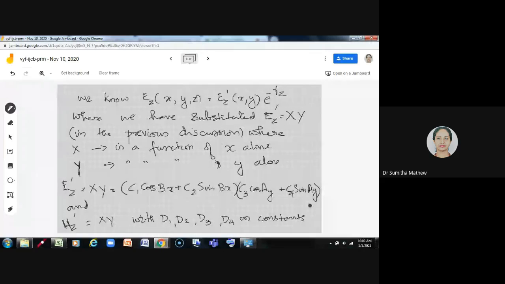C1, C2, C3, C4 are constants. Similarly, Hz dash, the magnetic field, also can be written as equal to XY, with D1 to D4 instead of these C1, C2, C3, C4 constants; you can use another four as constants. This is a general expression for the solution of Ez dash. All this is coming from the previous discussion.